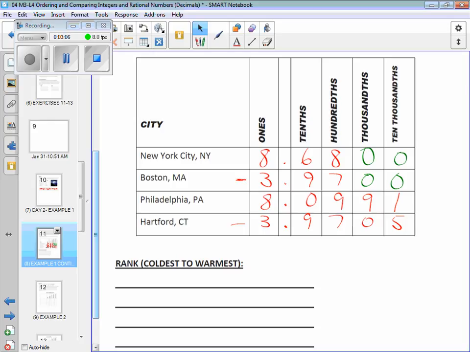But since it's a tie, I've got to look to the immediate right. And then when you read this, here's where you have to be careful, even though there's a tie here. It's not 9, it's negative 9, because this negative applies to all of the digits in the place value row. And as you'll see, when the numbers start to differ, that's important.